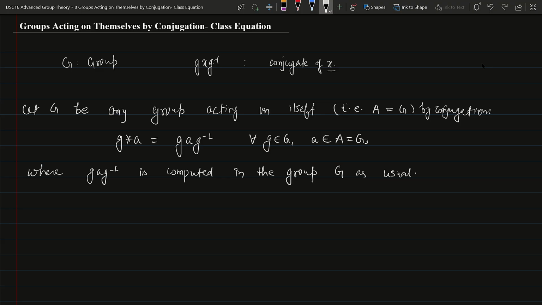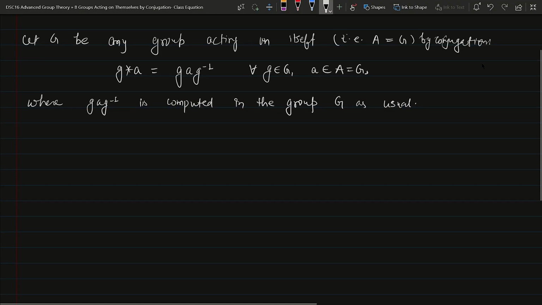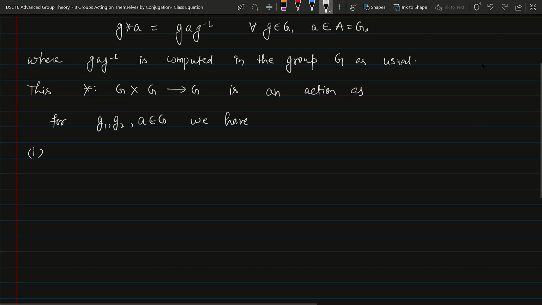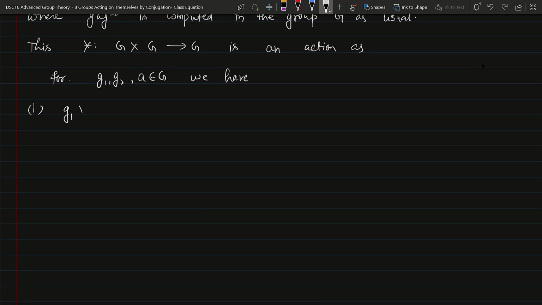Okay, now this star is an action, because this star is defined from G cross G to G. You can see, for g1, g2 and a belongs to G, we have the first axiom of action: g1 star (g2 star a).